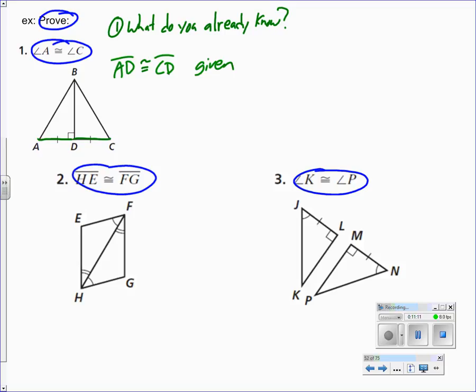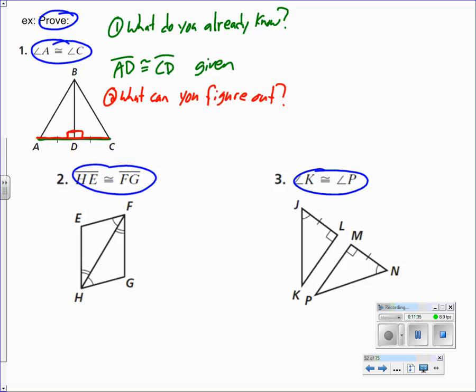So the next piece of the proof is, is there anything you can figure out? Looking at the angles, I can see this angle ADB is a 90-degree angle, and the straight line here means that we'd have another 90-degree angle here.